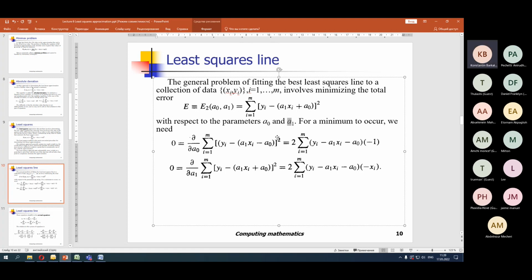Let me repeat again. xi and yi here are fixed, given points. And we are going to find the coefficients a0 and a1. So a0 and a1 are variables, the parameters for minimization.